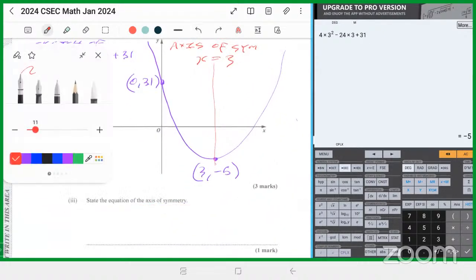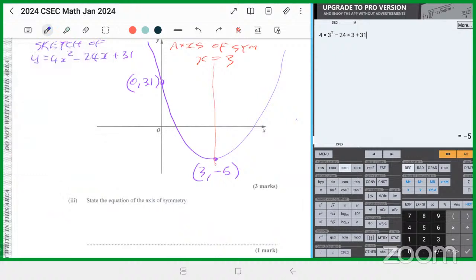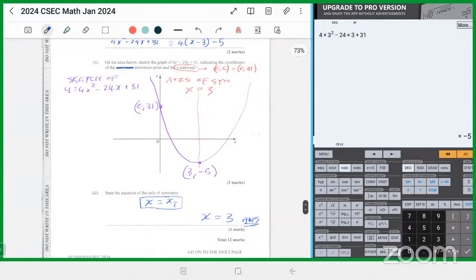Yes, so I didn't realize. So the axis of symmetry is always x equals whatever the x value is at the turning point. In this case, it is x equals 3. The x value at the turning point is 3. And so that is the answer. And we have shown it on the graph there as well, right here.